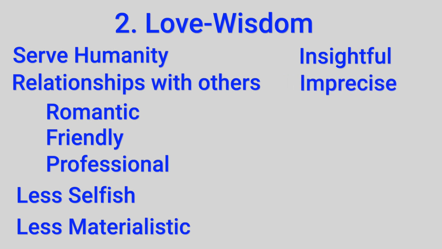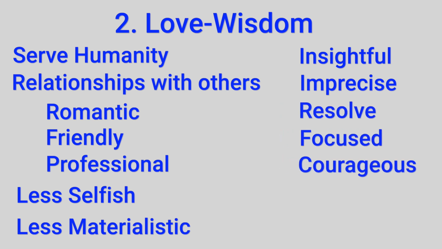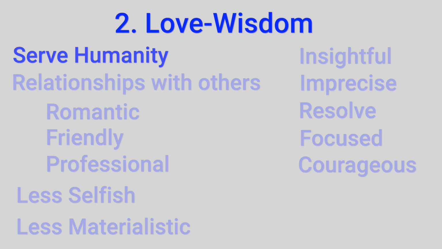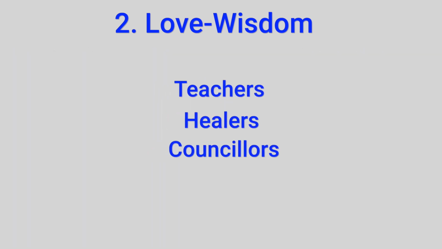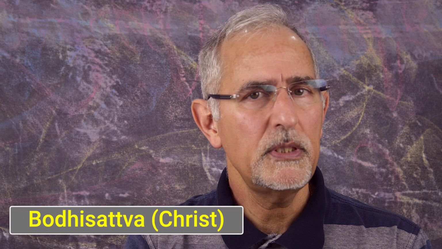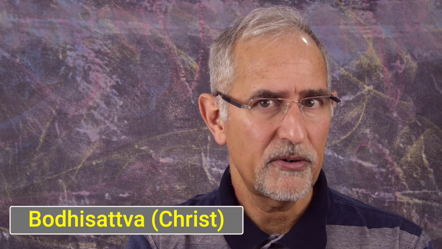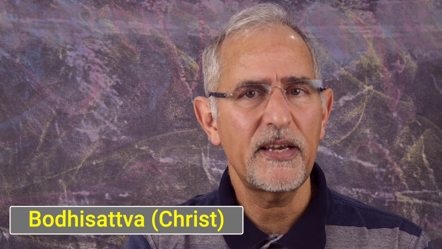There is a need for them to balance their soft nature with resolve. They need to learn to be more focused and courageous. Typical professions include teachers, healers, counselors, gardeners, and nurses. It may interest you to know that the Bodhisattva, aka the Christ, is the head of the second ray in the solar system.